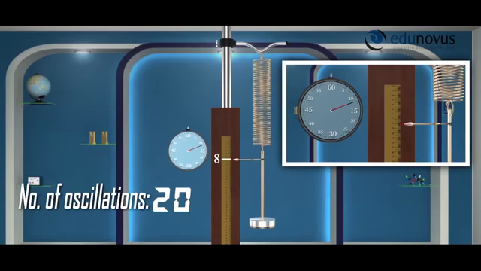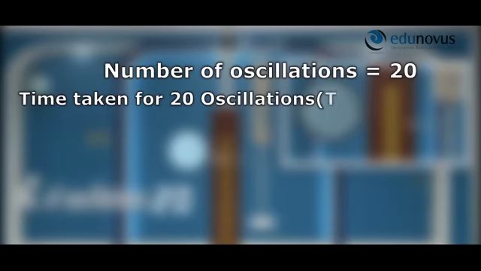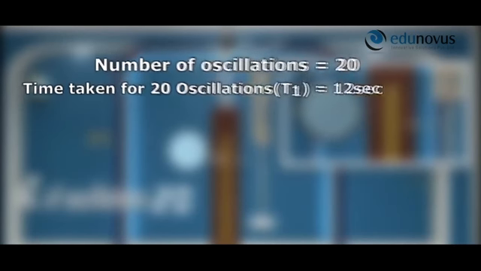Here, we need to measure the time taken for 20 oscillations. Therefore, the time taken for 20 oscillations is 12 seconds. Note it down as T1 in the observation table.